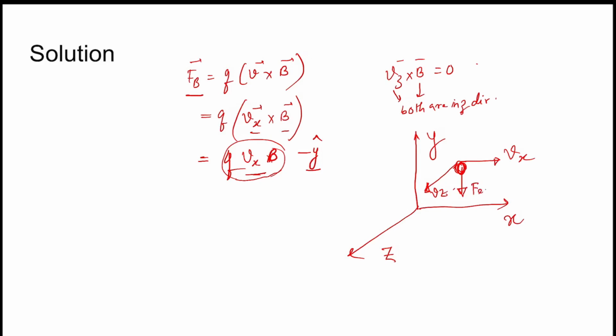The force FB is always in the y-axis, because for the z component of velocity there is no force, since this velocity is parallel to the existing magnetic field in the positive z direction. So this component of velocity will remain undistorted, and the force is always in the minus y direction.